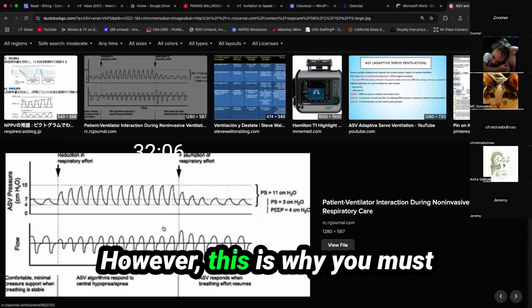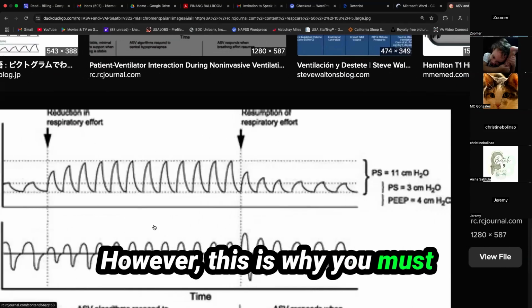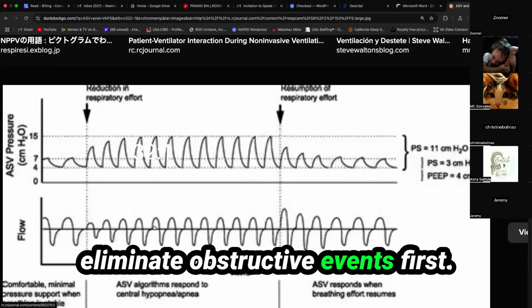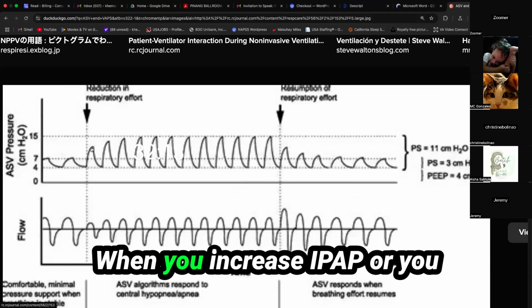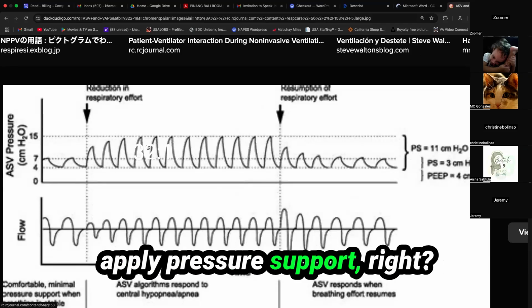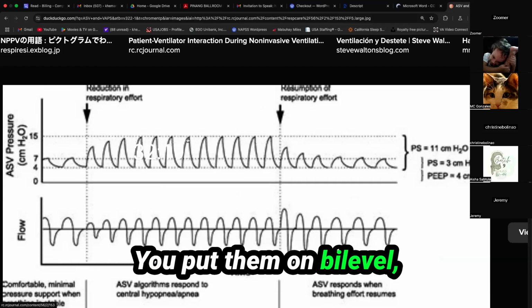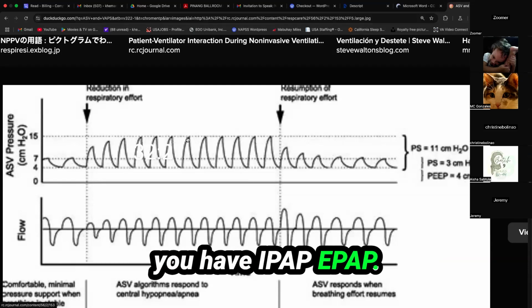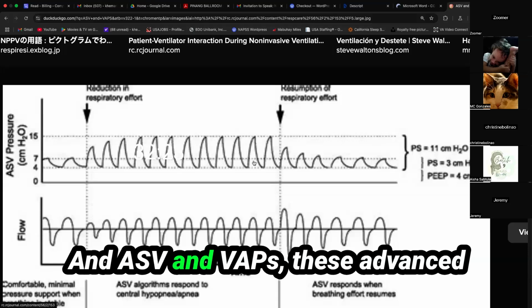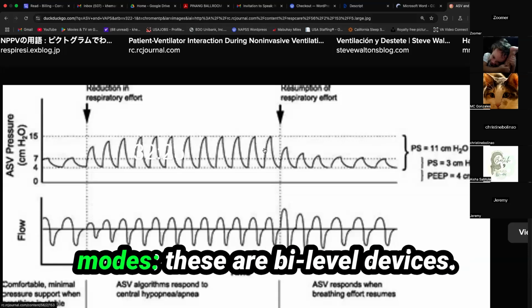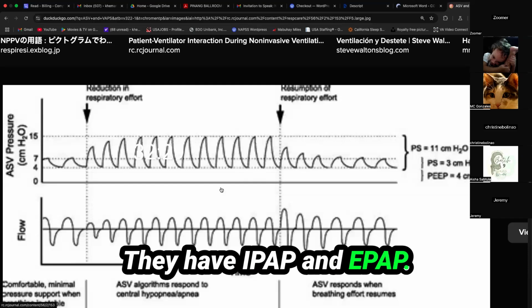However, this is why you must eliminate obstructive events first. When you increase IPAP or you apply pressure support, right? You put them on bilevel, you have IPAP, EPAP. And ASV and VAPS, these advanced modes, these are bilevel devices. They have IPAP and EPAP.